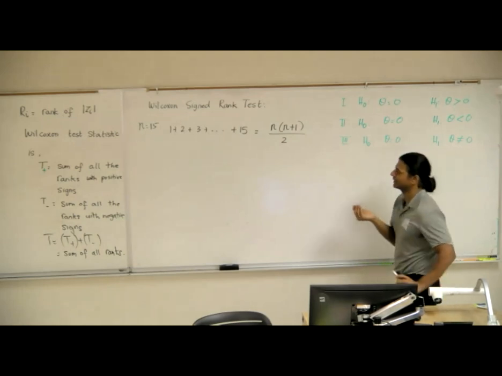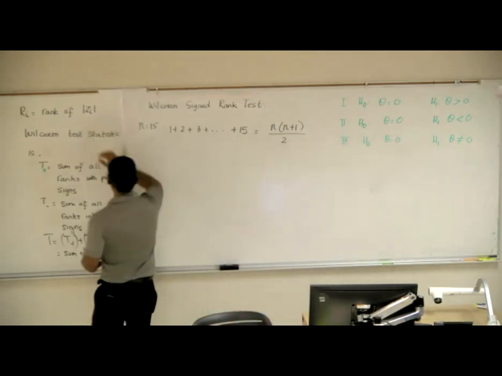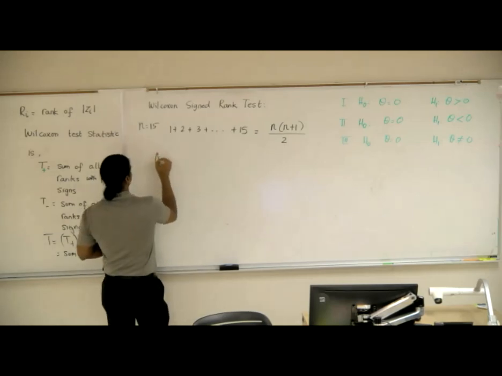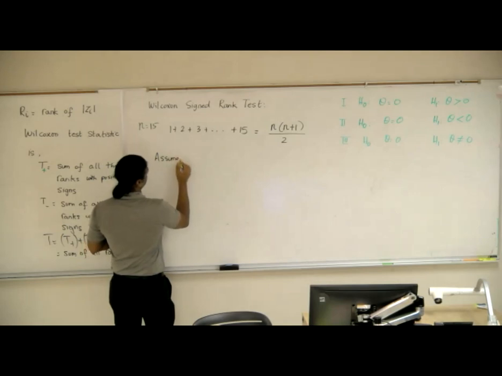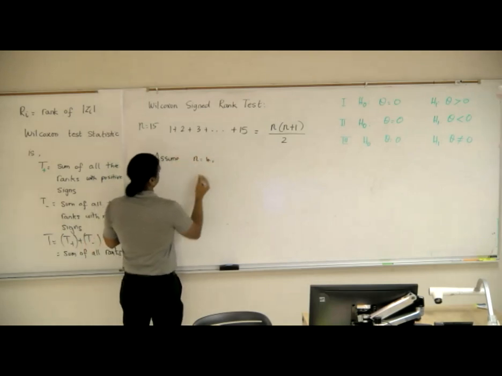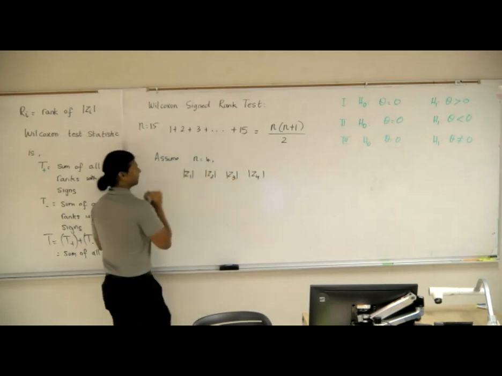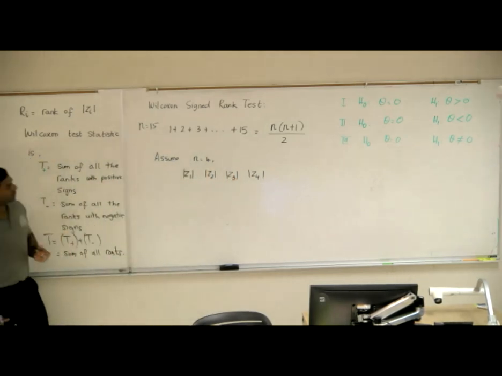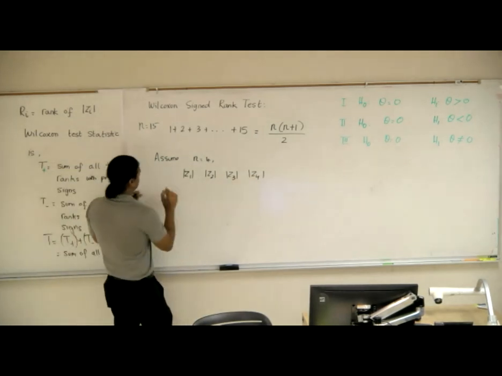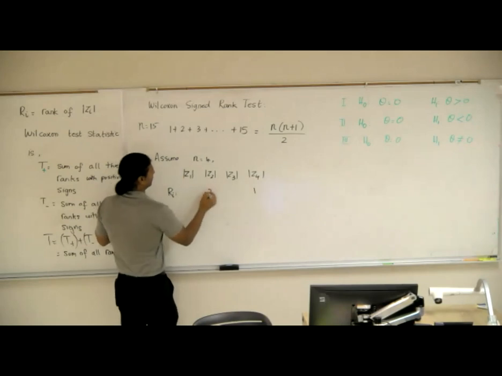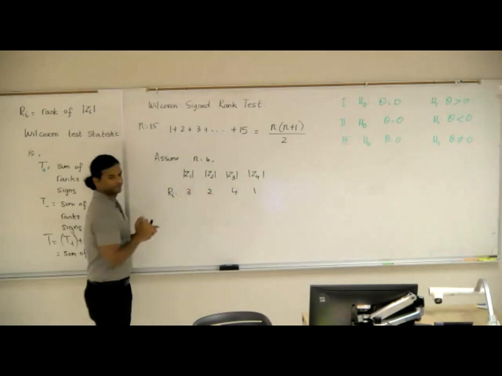Now, why does this matter? Once I have the absolute values of the z's, and I put them in order, z1, z2, z3, z4, when you assign the ranks based on the magnitude, you'd probably assign 1, 2, 4, 3.